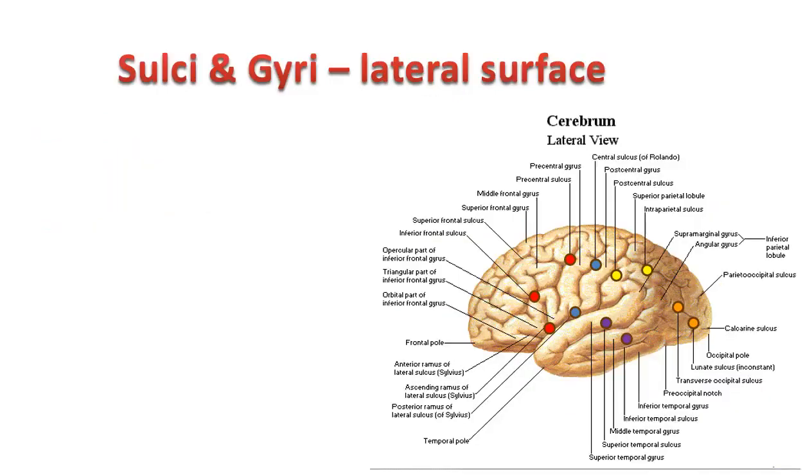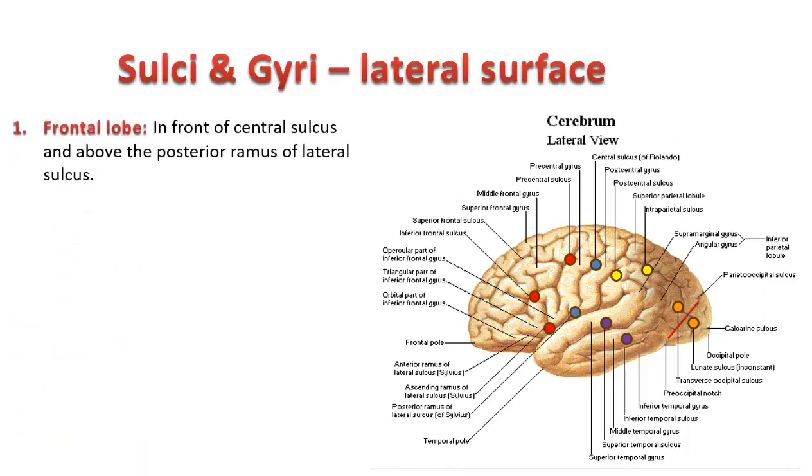First of all, we will try to differentiate the lobes. The frontal lobe is present in front of the central sulcus. The area anterior to the central sulcus is the frontal lobe.